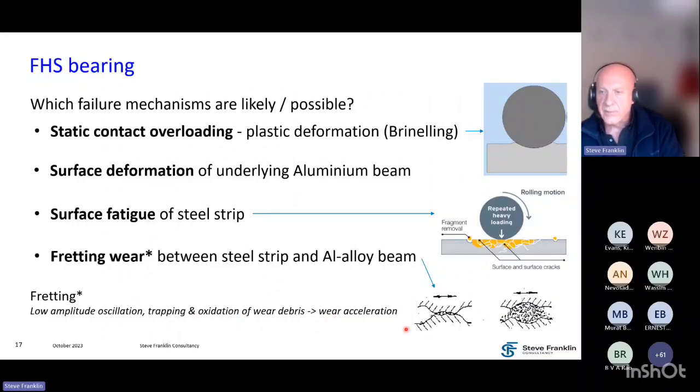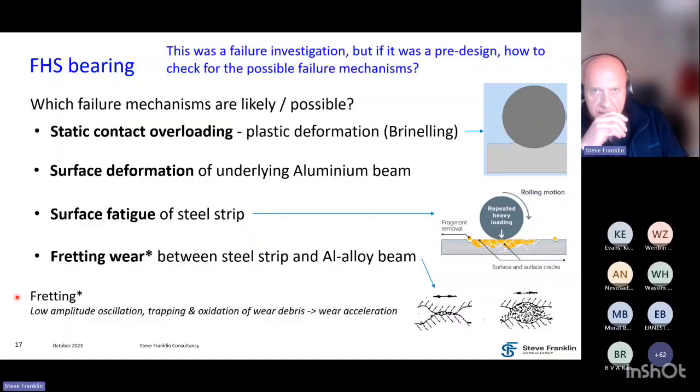And because oxides of metals are in almost all cases harder than the metal from which they are formed, this causes an accelerated amount of wear, which then continues and just becomes worse and worse. So that's also a possibility.